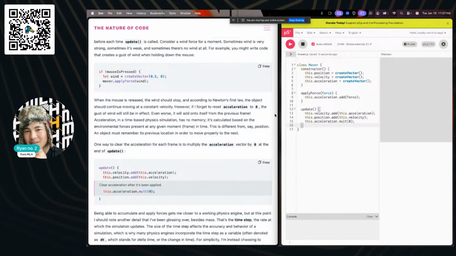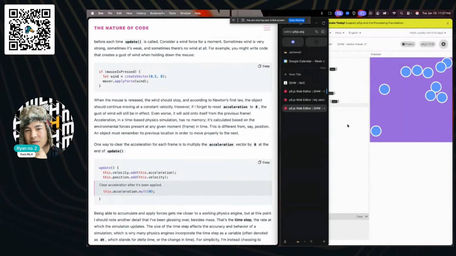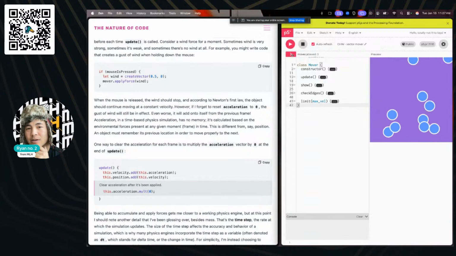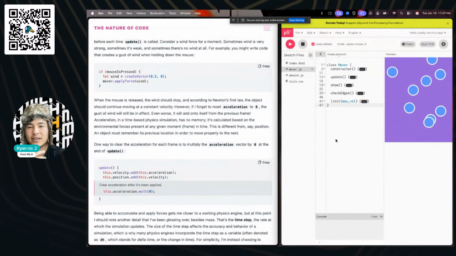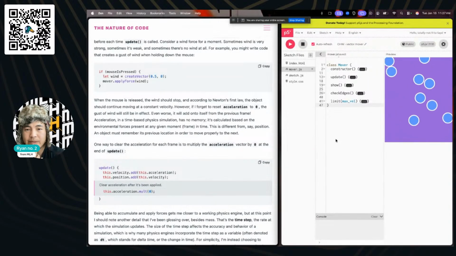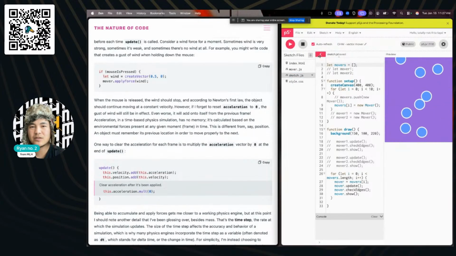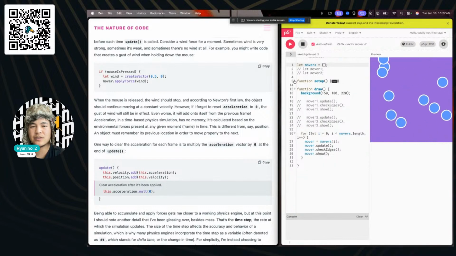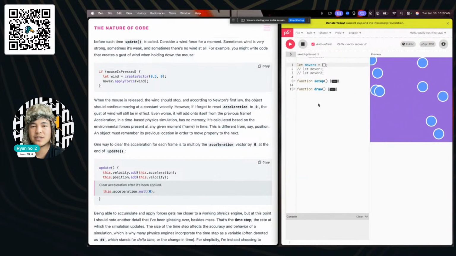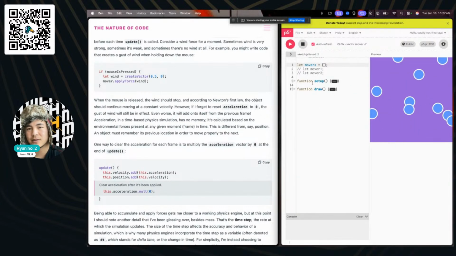So what I would like to do is go back over to our vector mover and just highlight the structure here and figure out what exactly is going on. I'm going to start over in the sketch function because there's less code here to look at.